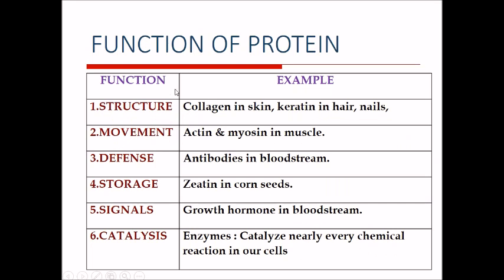So protein, they have a lot of functions, so many functions, such as it is important for the structure, okay, such as it makes up the collagen protein in our skin, the keratin protein in our hair and also nails, and then it is also important for the movement, such as actin and myosin protein in the muscles, and also for defense mechanism, because our antibodies are actually produced from the protein, and then for the storage, such as the zein protein in corn seeds, and also important for the signal transduction.